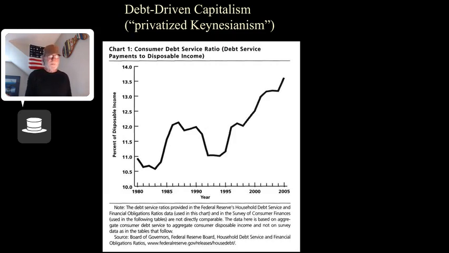Well, clearly, under neoliberalism, they weren't pursuing the Keynesian model, but you could think of borrowing money, home equity lines of credit, private debt, as privatized Keynesianism. In other words, it was those loans that gave people the money to spend to buy the goods that were being produced.